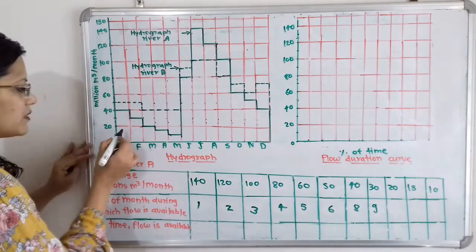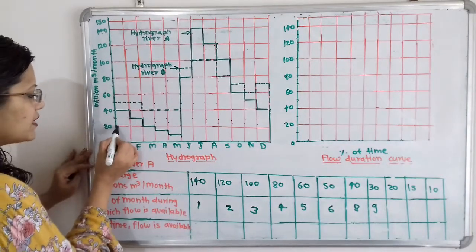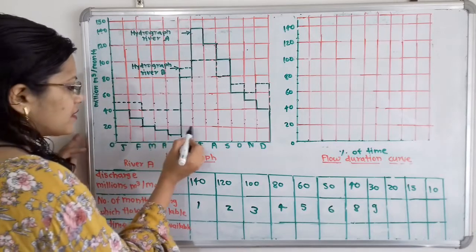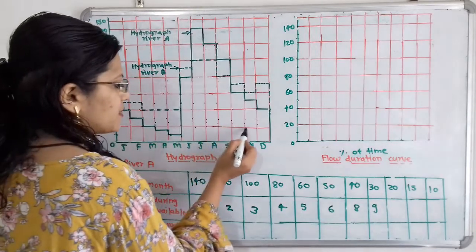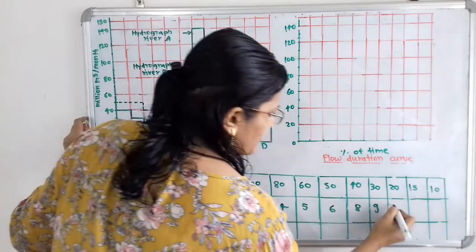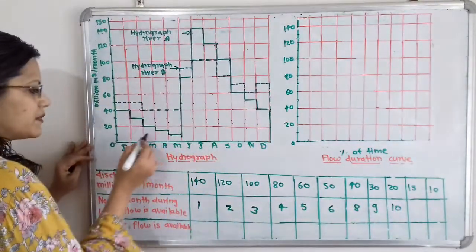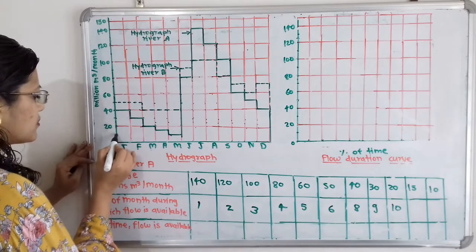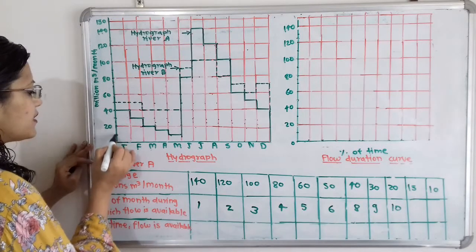Now we will move to 20. For 20, it is 1, 2, 3, 3 months. Then here is 4, 5, 6, 7, 8, 9, 10. Then we will move to 15. For 15, if we observe, it is in between 10 and 20.